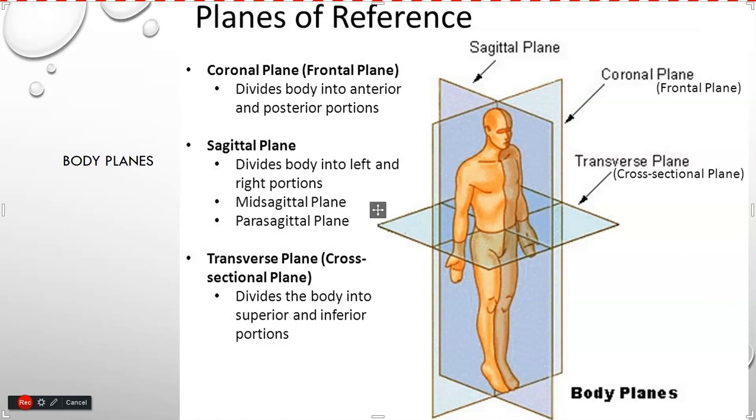Where does this come into practice? Well, when you look in your anatomy books, you will see pictures and or diagrams where the body is cut along one of these planes to show the structures or organs from that view. So you may see the body cut in a frontal plane showing one or the other sagittal plane and so forth. That's where these come in handy.